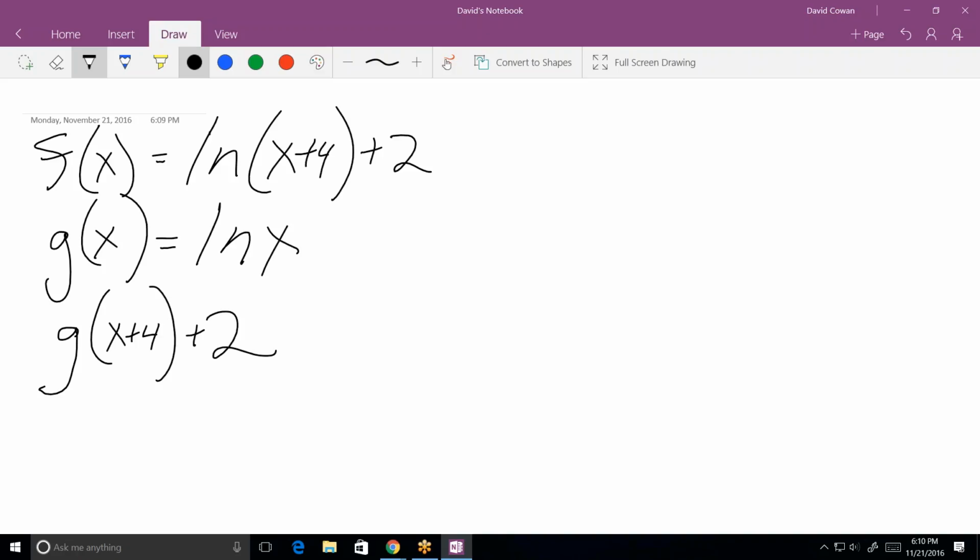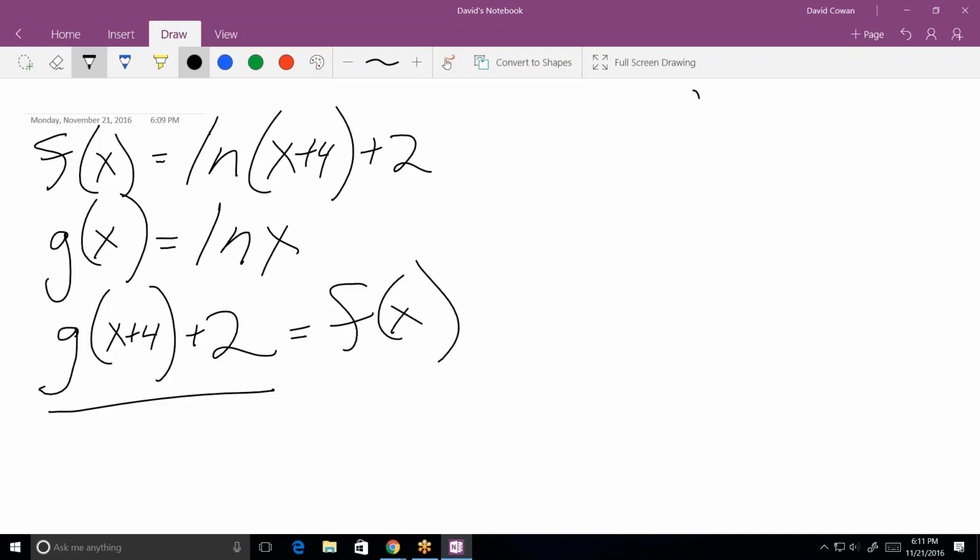That's what f of x is: it's g of x plus 4, because it's inside the parentheses, and then the plus 2 is outside the parentheses. And it's this that tells me what I'm doing. In other words, what two things are happening to g of x? A shift left 4 and a shift up 2.